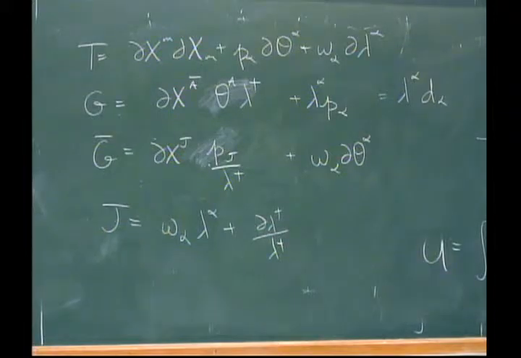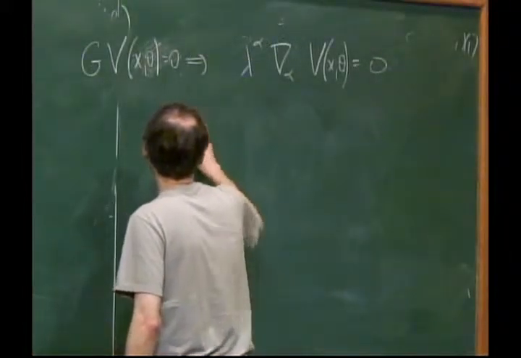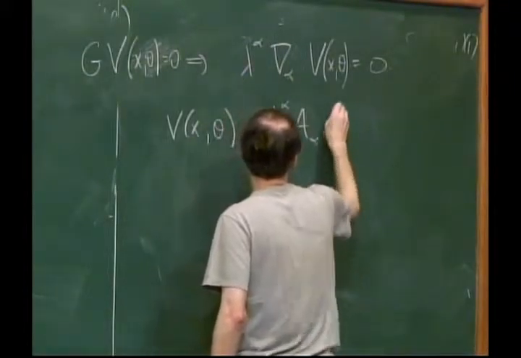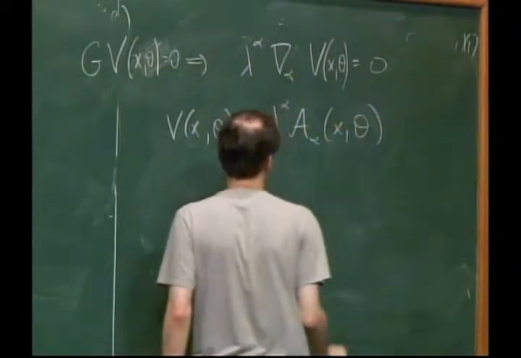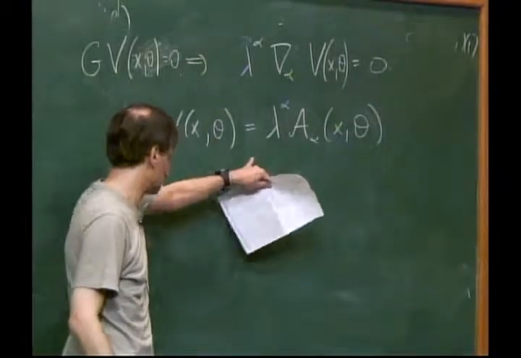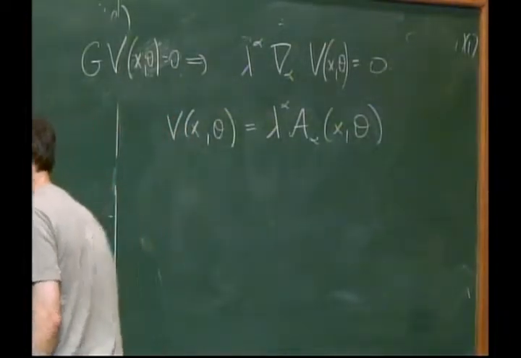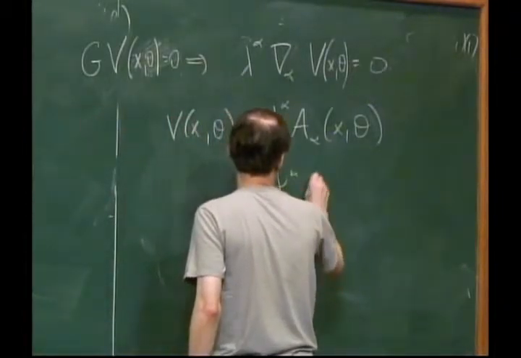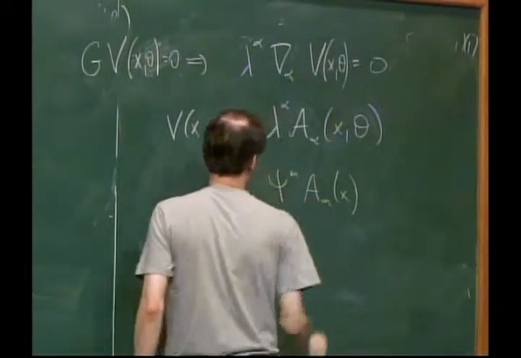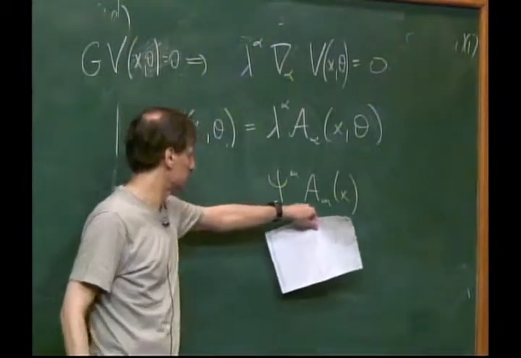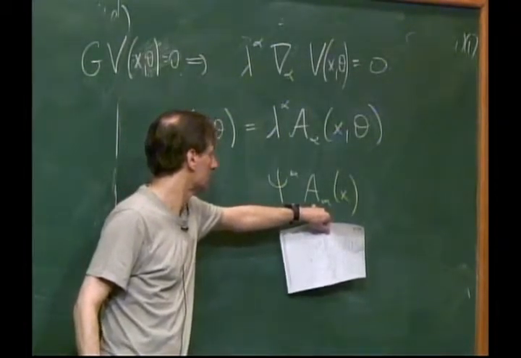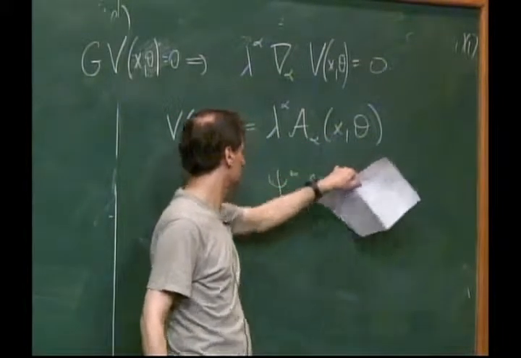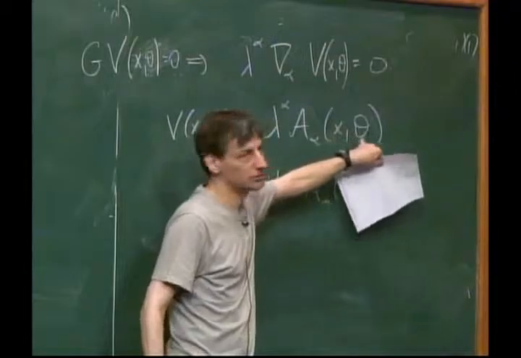The way it does that is that v of x theta is written in terms of a gauge superfield of super-Yang-Mills. So this is supposed to resemble the formula we had before for the gluon in the original version of the superstring, but it extends it now to a superfield. So A alpha of x theta includes this term, but it also includes the space-time fermion.